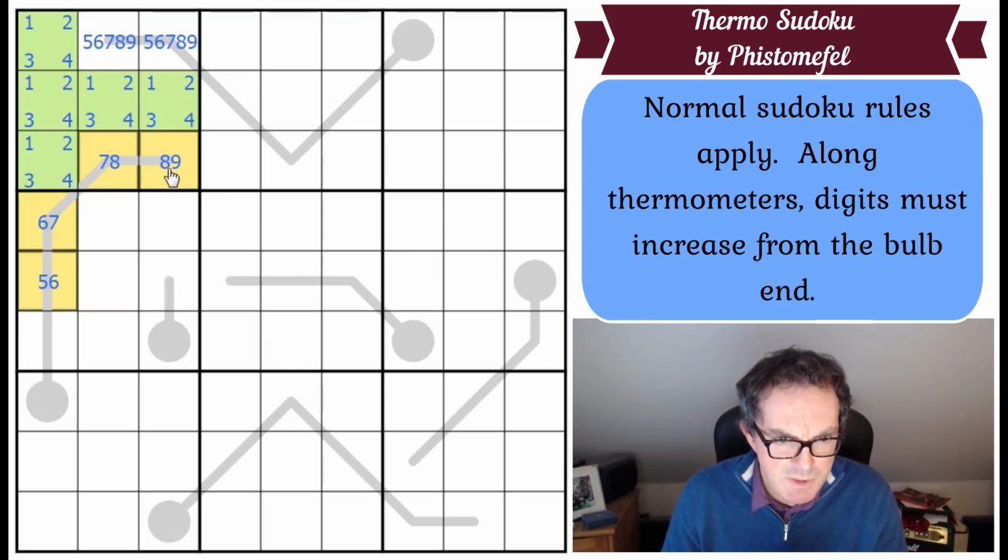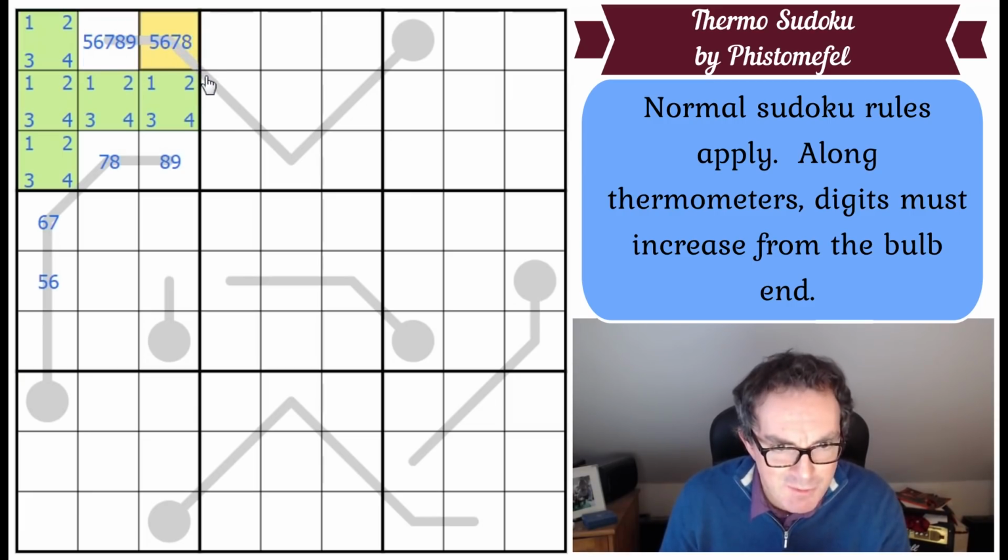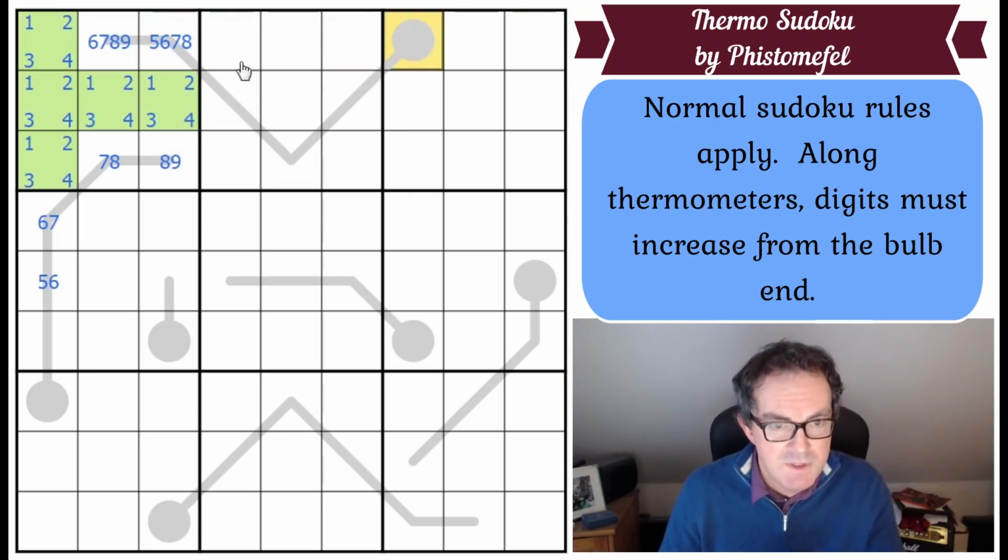Is it lovely? Maybe it's not. Okay, well now we can look at this domino. Clearly this square can't be a 9, and clearly this square can't be a 5 because it's too high up the thermometer. We then go 4, 3, 2, 1, 0. I can't put 0 on the thermometer.